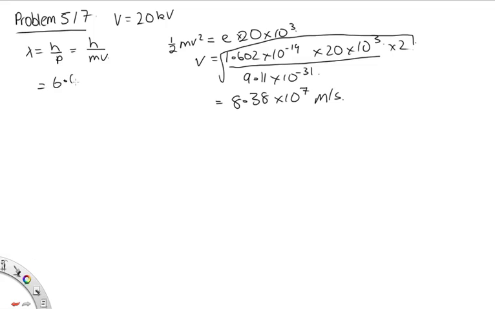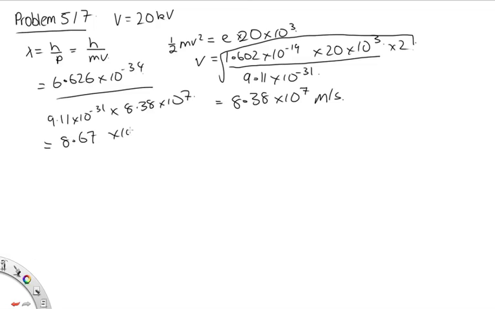So we've got 6.626 times 10 to the minus 34 over 9.11 times 10 to the minus 31 times 8.38 times 10 to the 7. And solving this, we get 8.67 times 10 to the minus 12 meters. So that's around about 9 picometers as the wavelength.